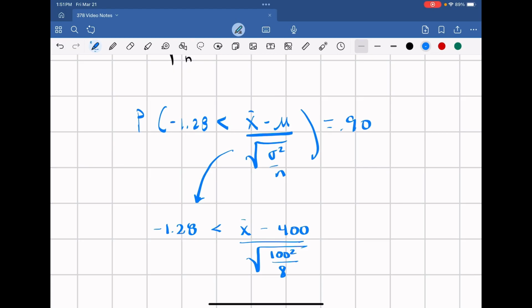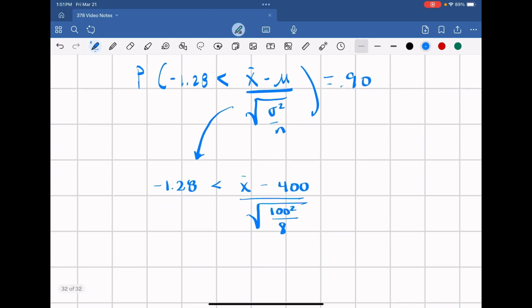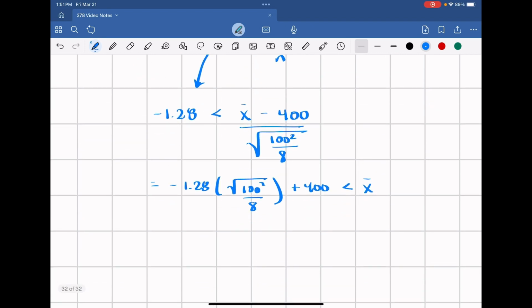Solving this, negative 1.28 times the square root of 100 squared over 8 plus 400 is less than X bar, and we find that 354.75 is less than X bar.